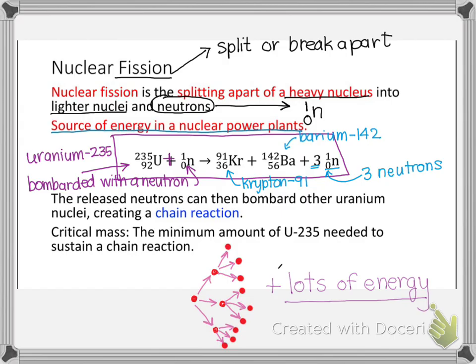In nuclear power plants, they use a boron rod, boron the element, to absorb the neutrons. So they can control how much goes forward, because more or less is absorbed by the boron rod. So that's a nuclear fission reaction.